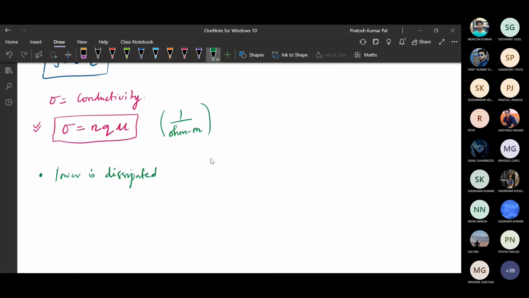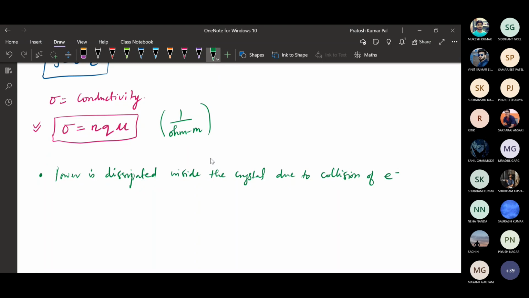The power is dissipated inside the crystal, and that crystal will be like a metal crystal, due to collision of electrons, we can call it. So that power is there.